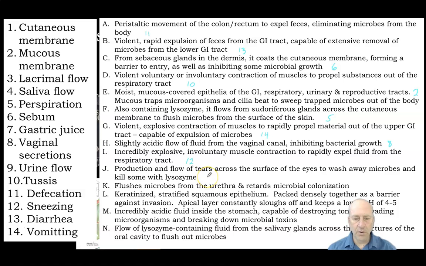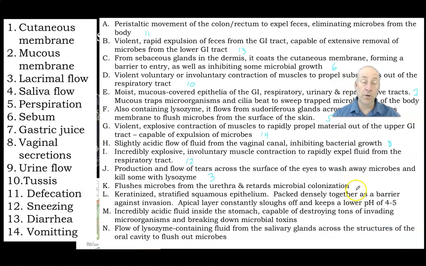J, production and flow of tears across the surface of the eyes. That's lacrimal flow. K, flushes microbes from the urethra, retards microbial colonization. That's going to be urination or urine flow. L, keratinized, stratified. That's going to be your cutaneous membrane. M, incredibly acidic fluid. That's gastric juice, right?